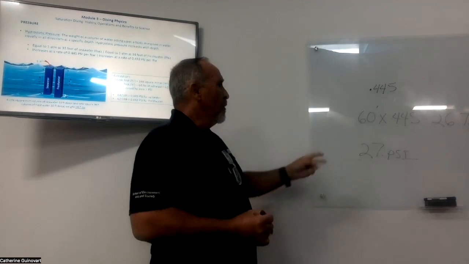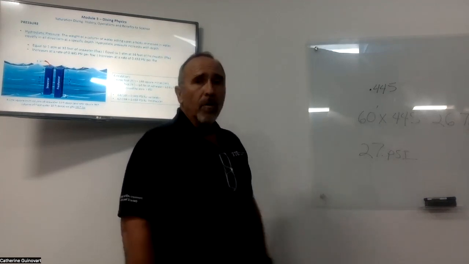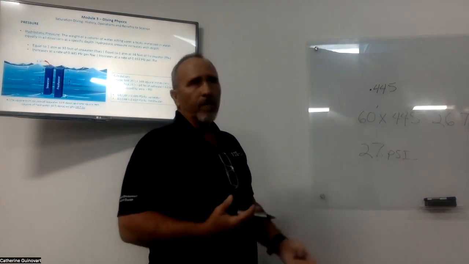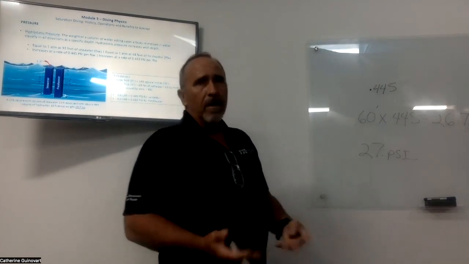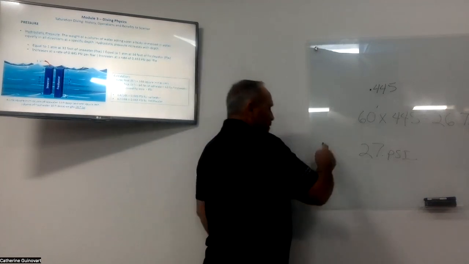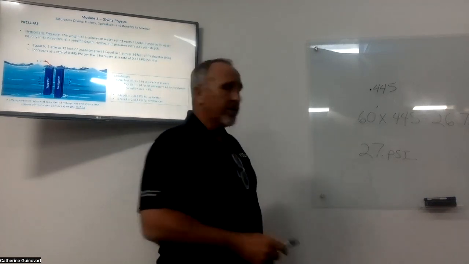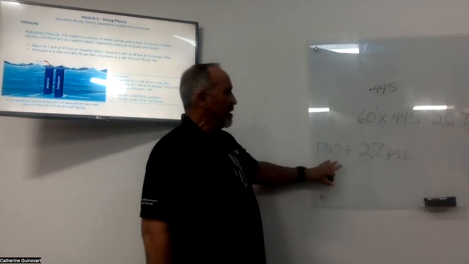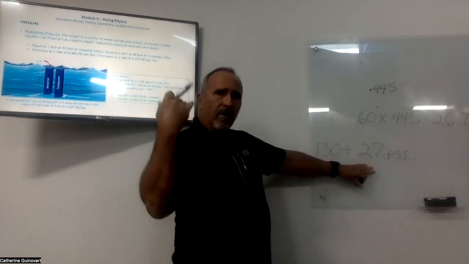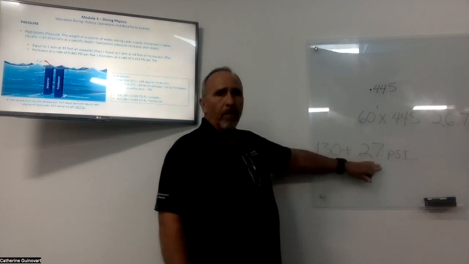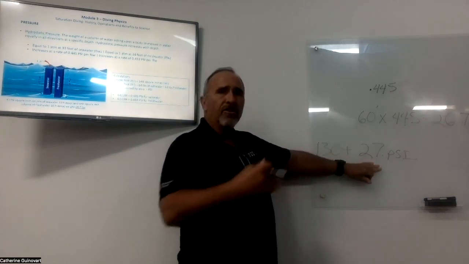So typical scuba regulators are set by manufacturers anywhere from 135 psi to 145 psi. So keeping it simple, let's say that I set the regulator to 130 psi. Now the first stage regulator on your scuba equipment senses that water pressure, the ambient pressure, and it adjusts for that.